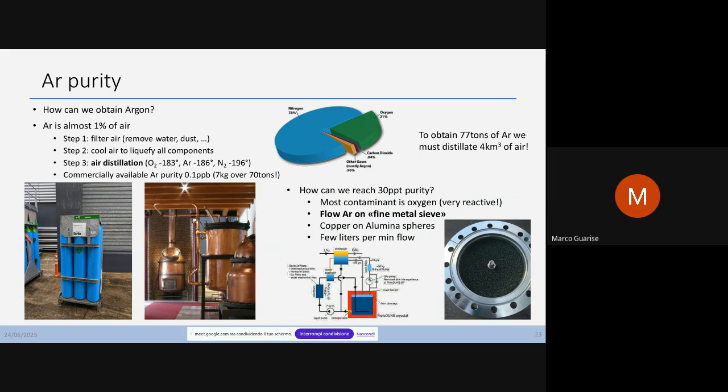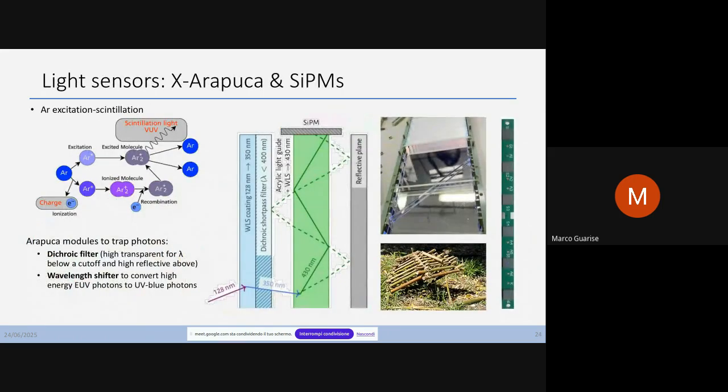And then, in order to reach the very high purity of 30 ppt, we have to filter with this stuff here, which is fine metal silver, alumina with copper spheres, and flowing the argon through this filter, we can purify at a level of 30 parts per trillion, which is what we need.